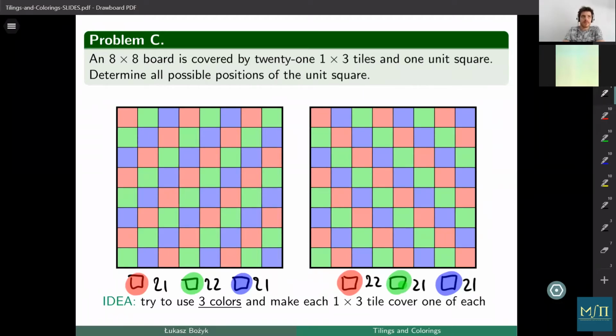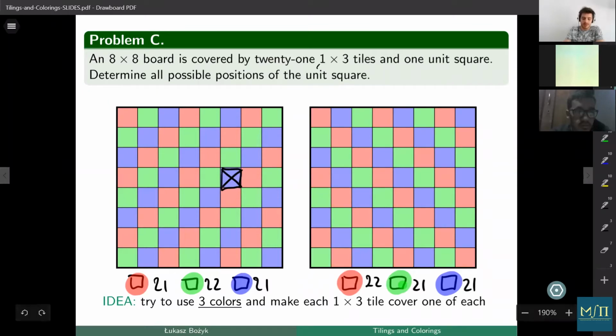Okay, so what those colorings are actually saying to us is that you cannot, for example, have this cell covered by a 1x1 square, because after you subtract one blue, the numbers won't match. You won't be able to assemble 1x3 pieces in the other places. And similarly, if we use a red square for a unit square piece.